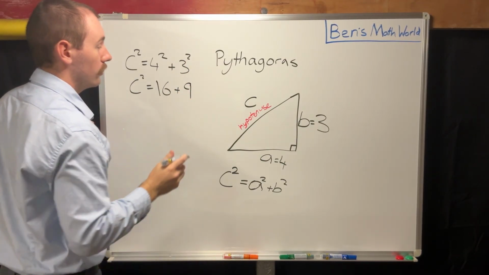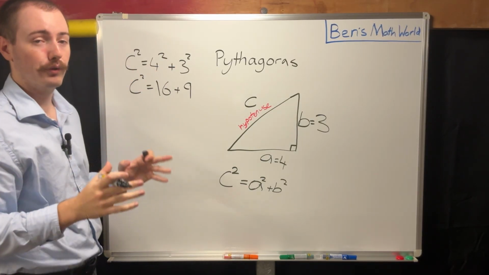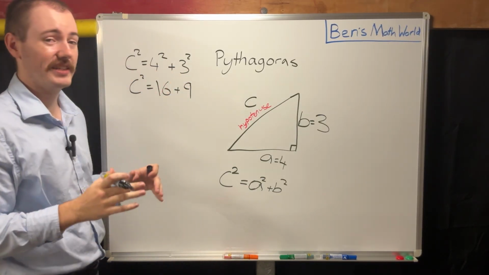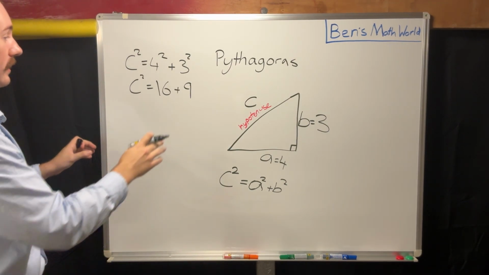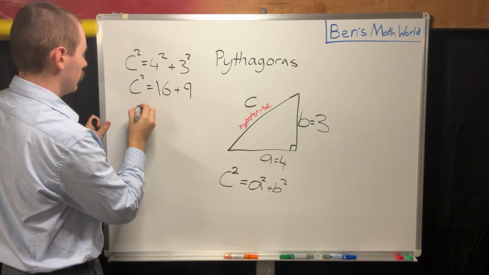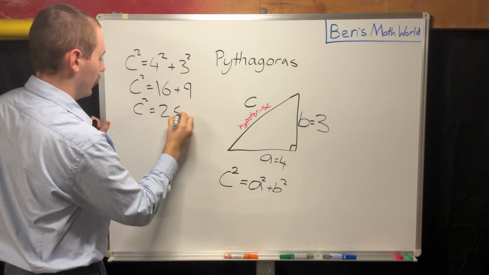Now remembering, squared just means times by itself. So we've got 4 squared is equal to 4 times 4, and 3 squared is equal to 3 times 3. Okay, and now we can simplify this a little bit further. C squared is equal to 25.